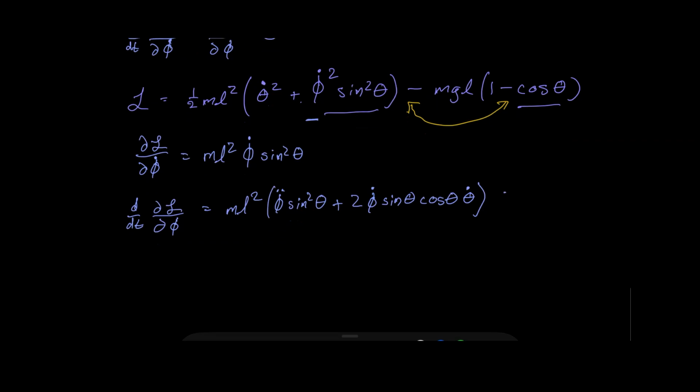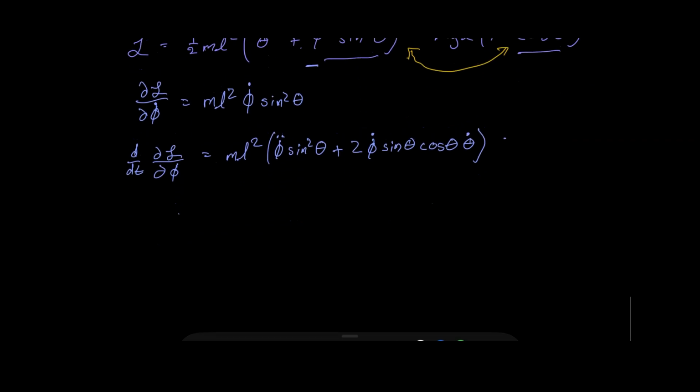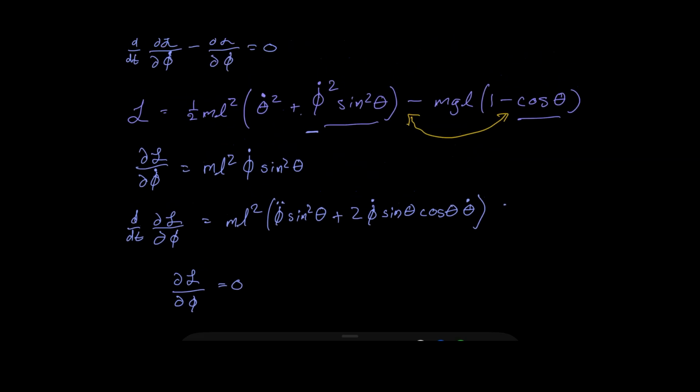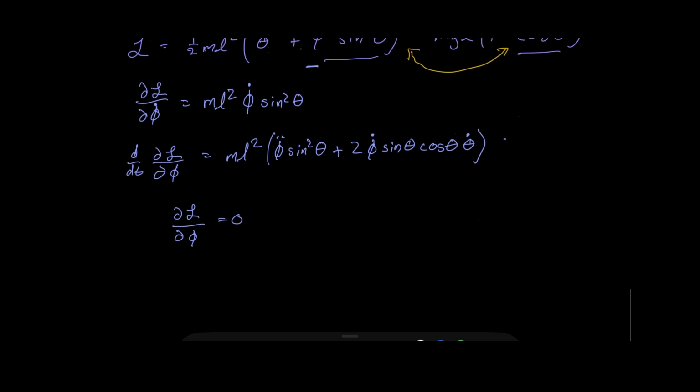And then finally, partial L with respect to normal phi equals 0 because there are none here.